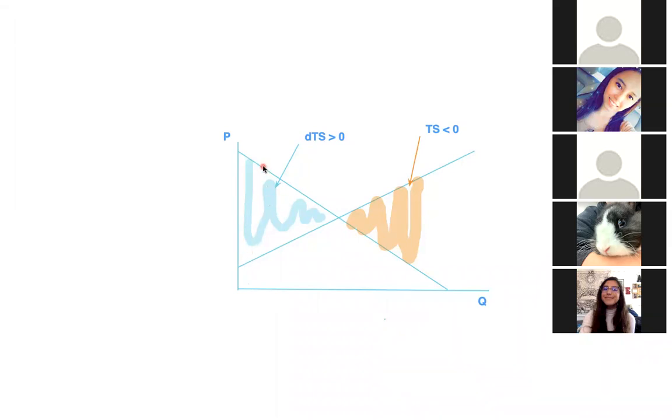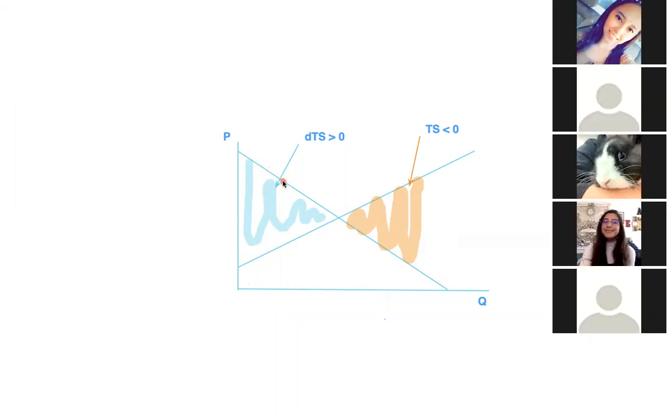And then units 3, 4, 5, all of those bring additional surplus, because the demand curve's higher than the supply curve over here. Those are all going to be positive numbers, right? As it gets closer to the equilibrium, those numbers will get smaller and smaller.